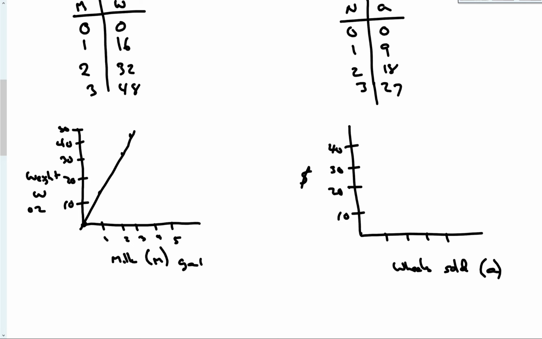So at 0, you make 0. At 1 wheel of cheese, you make $9. At 2 wheels of cheese, we make $18. 3, $27, and 4 would be $36.